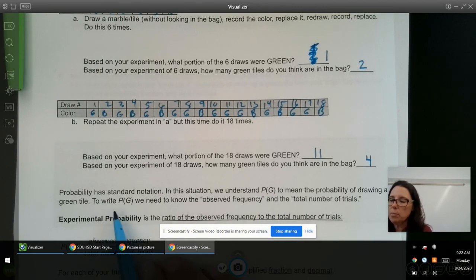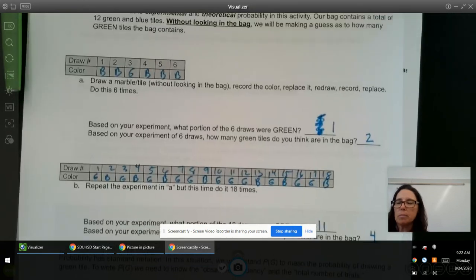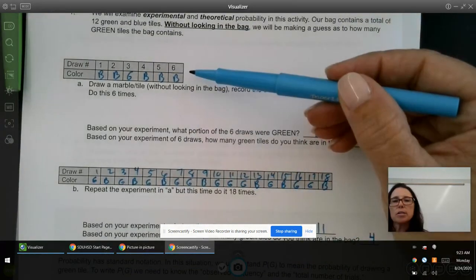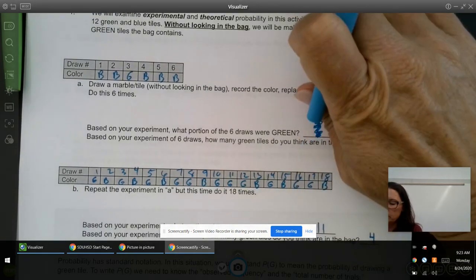To write P of G, we need to know the observed frequency, that is how many times we saw green come up when we reached in and grabbed. The total number of trials, well, we did 2 experiments up here. Total number of trials here are 6. Total number of trials here are 18.